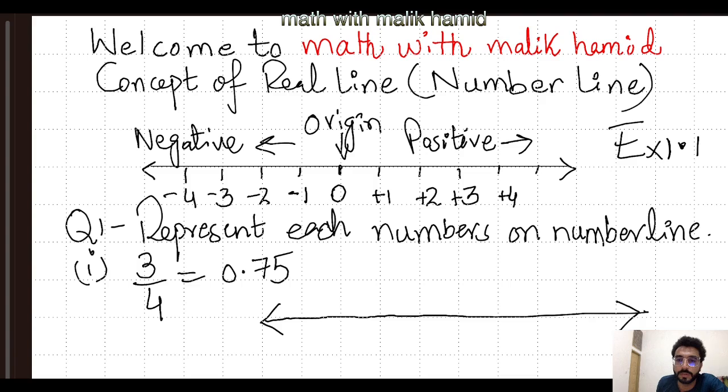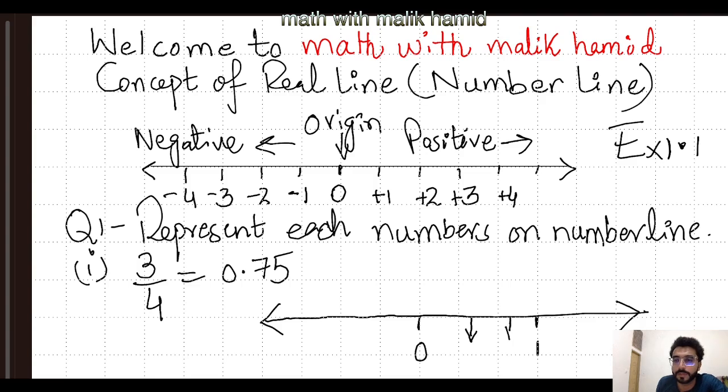If there is 0, if there is 1, 0.75 is between 0.5 and 1, so it will be near here.